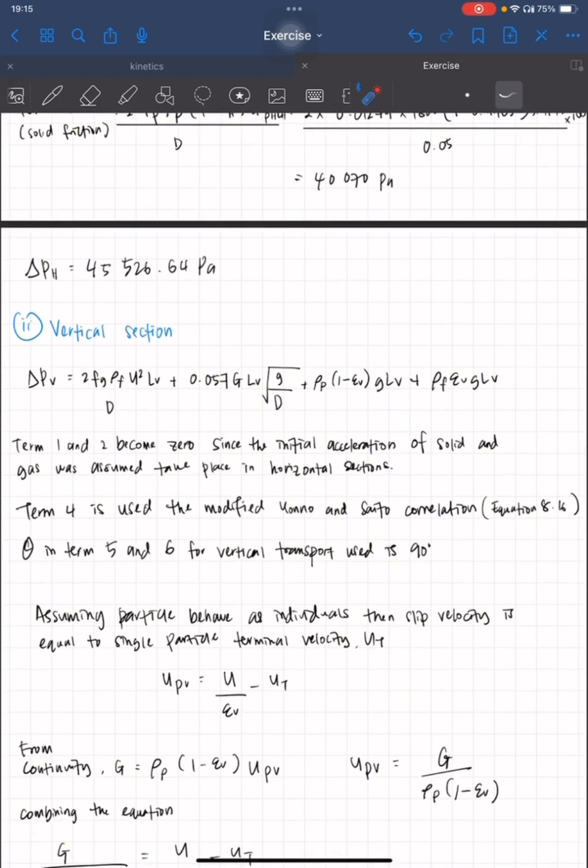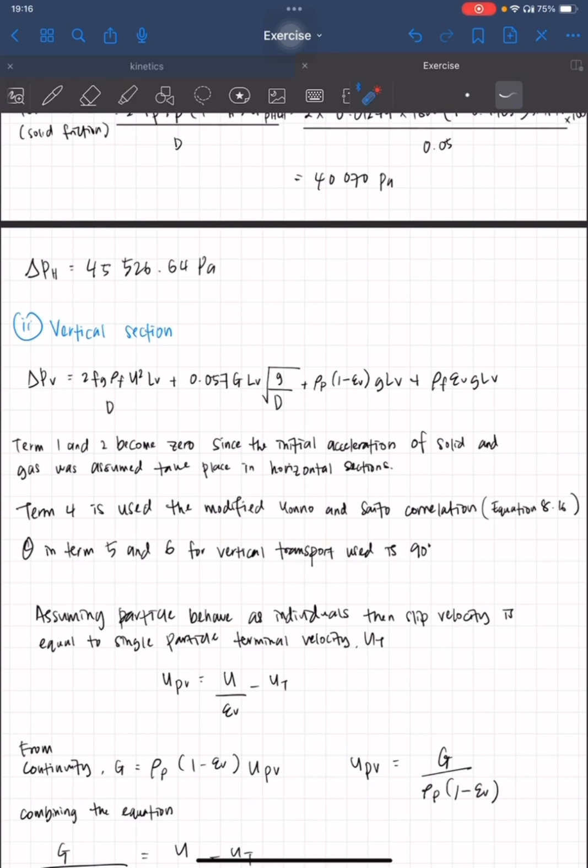For the vertical section, we also use the Hinkle correlation, but this time we neglect term number one and number two, which are with respect to the acceleration, because the initial acceleration of solid and gas was assumed to take place in the horizontal section, so we can neglect it.